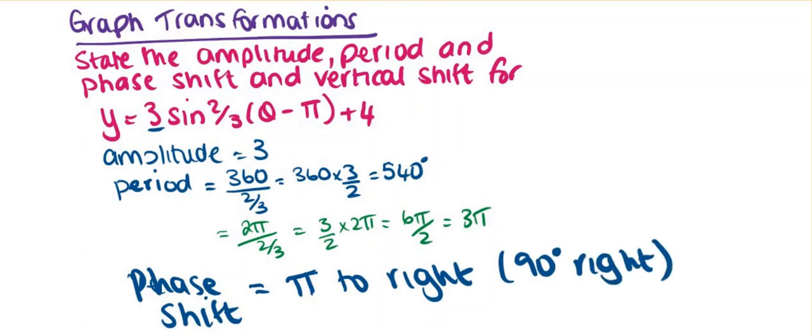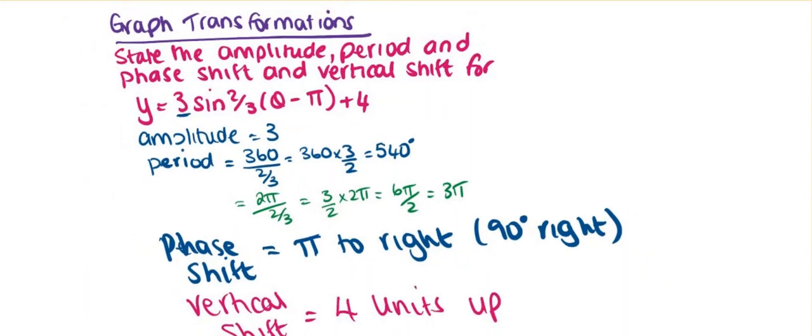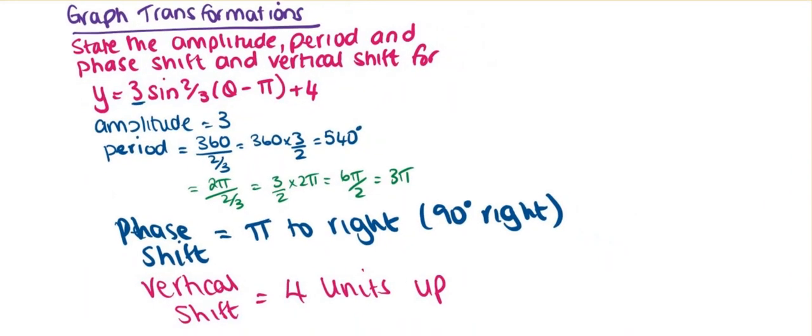And then our vertical shift, which is k, is going to be 4 units up.